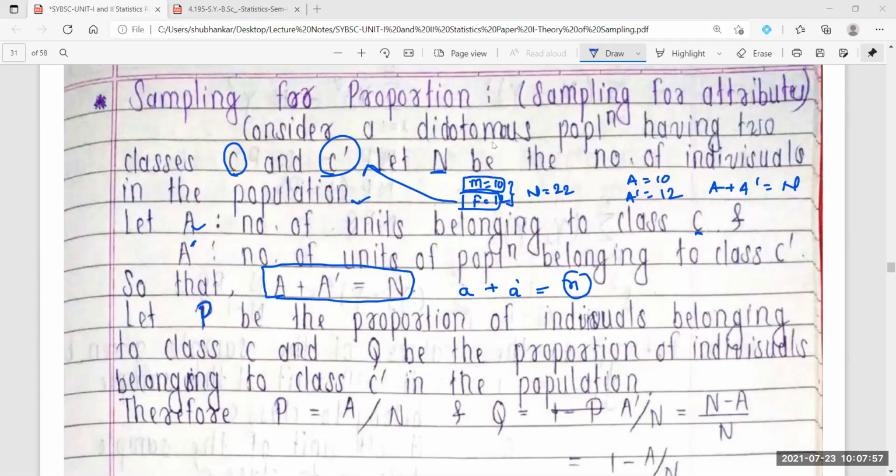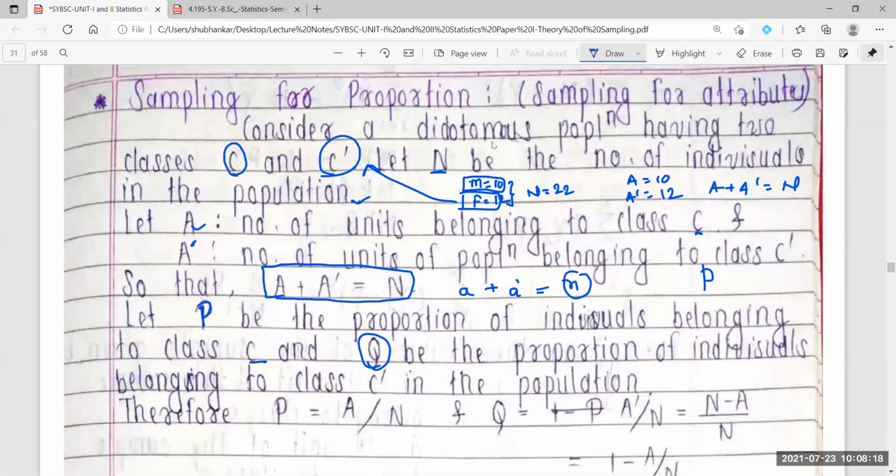Okay. So let capital P be the proportion of individuals belonging to class C, and capital Q be the proportion of individuals belonging to class C complement. Okay.